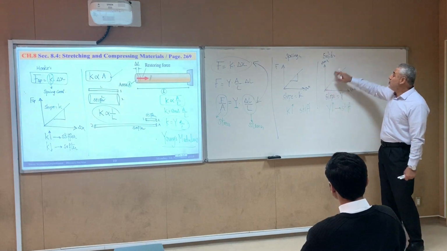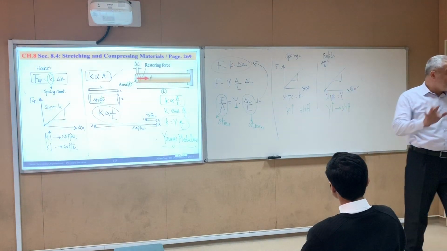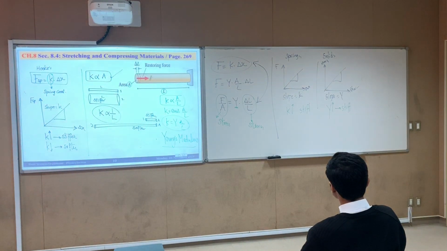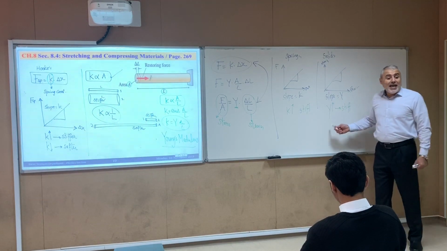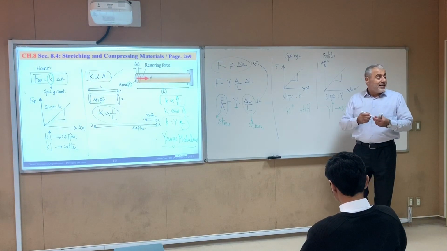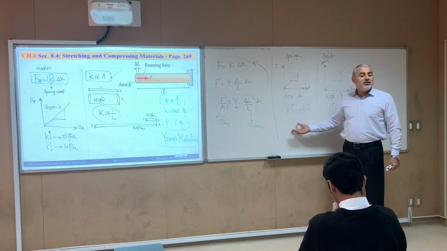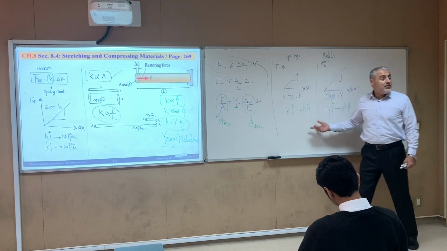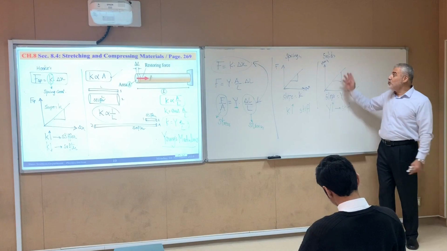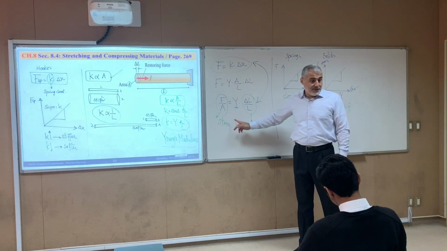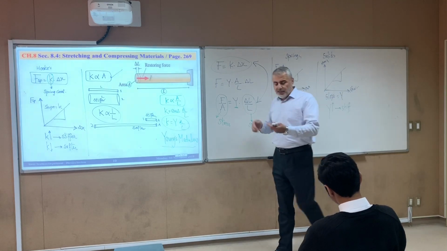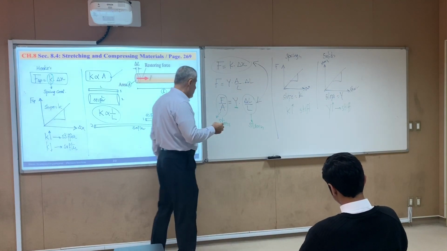When you have a steeper slope, it means it's stiffer, the material is harder. Clear? Now, why do we care? Again, this was only shown for springs. Now this is for all solids. This is more general. So please, you have to know this is very, very important. Clear?